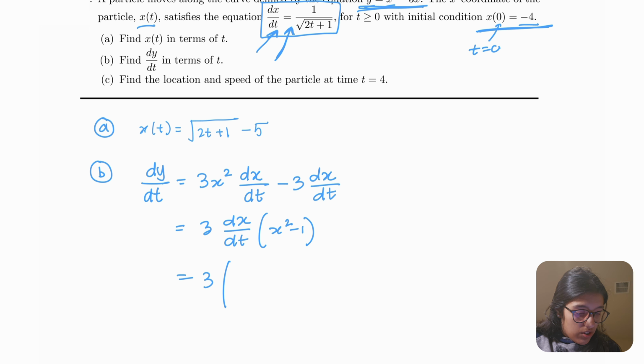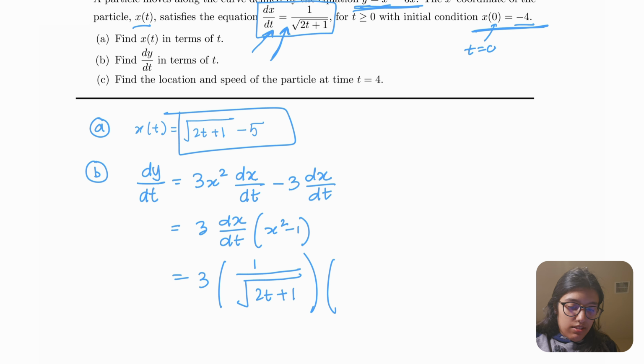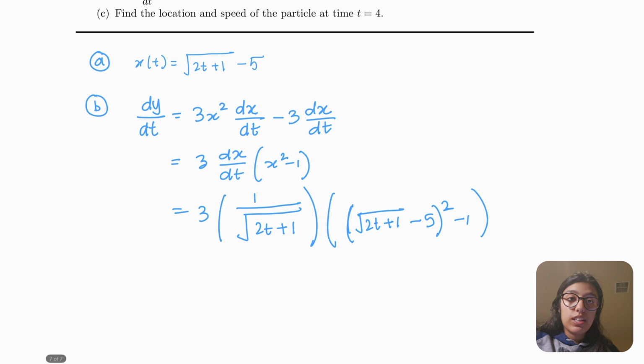So this is going to turn to 1 over square root 2t plus 1. And I'm going to replace x with what we found over here in part A. So x is going to be square root 2t plus 1 minus 5, squared, minus 1. From here, you can leave it just as that.